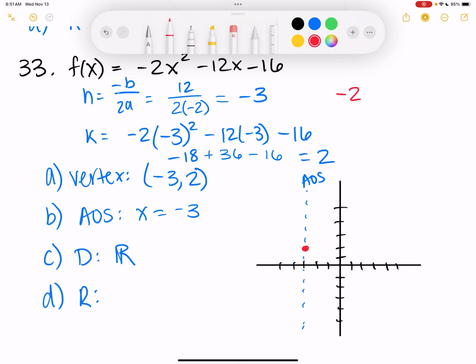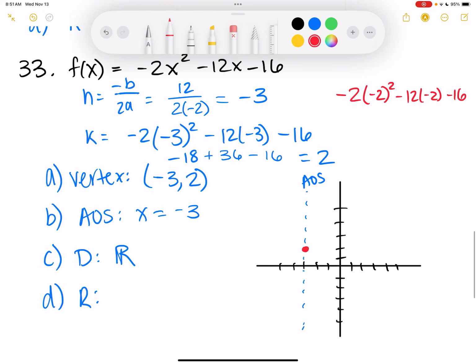So negative 2 times negative 2 squared minus 12 times negative 2 minus 16. So this is going to be 4 times negative 2, negative 8 plus 24 minus 16. Oh, well, that actually works out nicely. That ends up being 0. So at negative 2, it is 0.